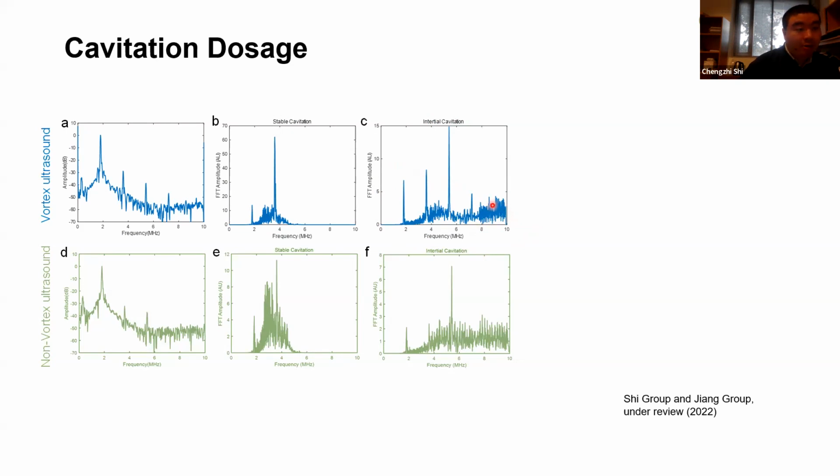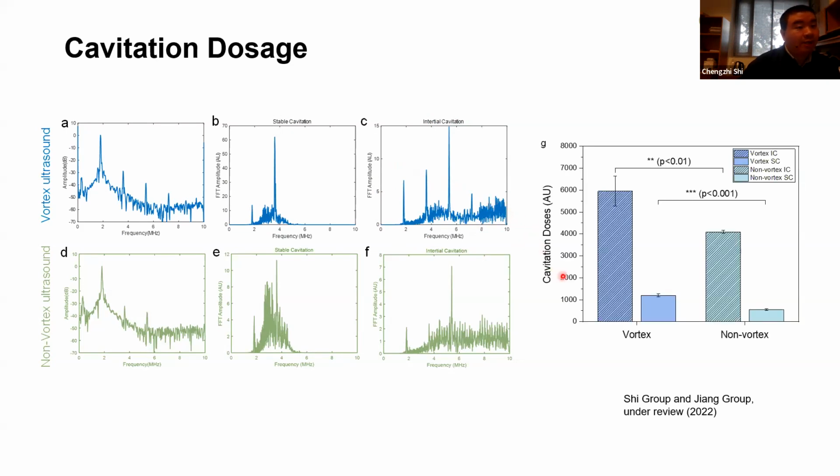So we calculated the dosage of the cavitation for Vortex ultrasound and non-Vortex ultrasound. For both the inertial cavitation and the stable cavitation, we have a larger dosage compared with the traditional non-Vortex ultrasound. So this is actually good news for us. We can achieve the shear stress inside the blood clot and also a higher cavitation dosage.